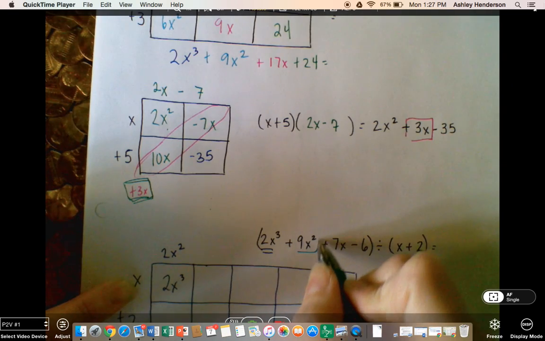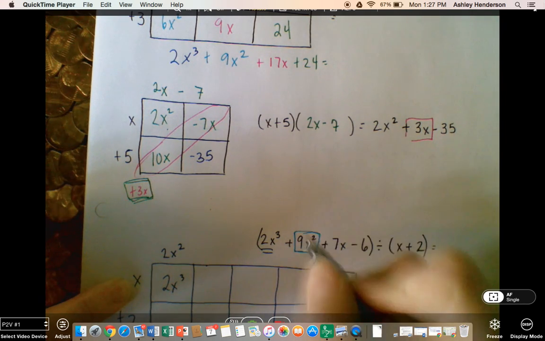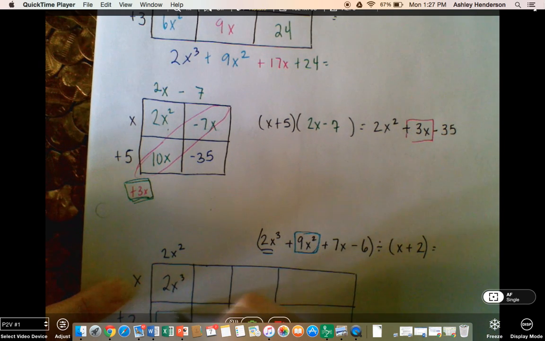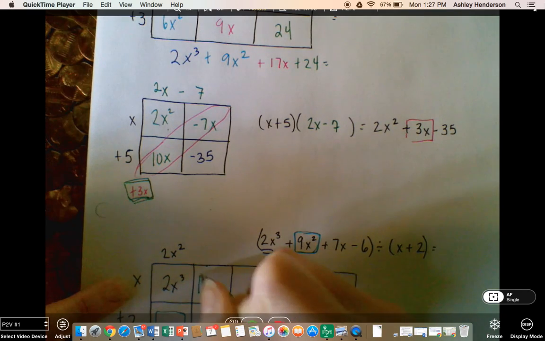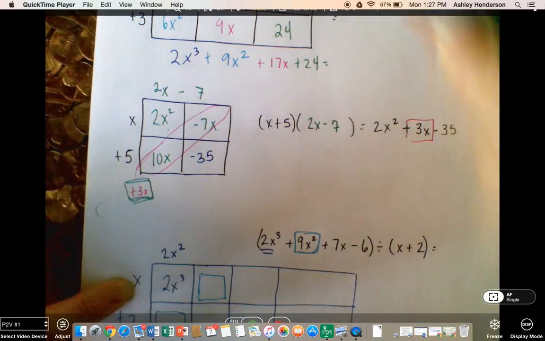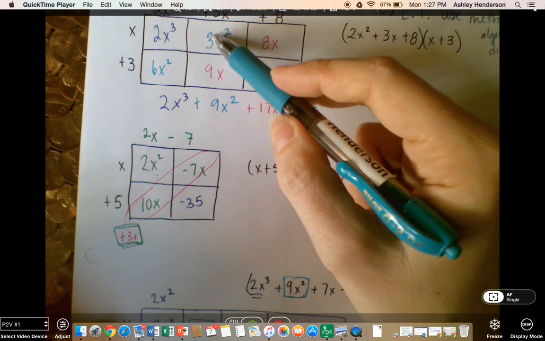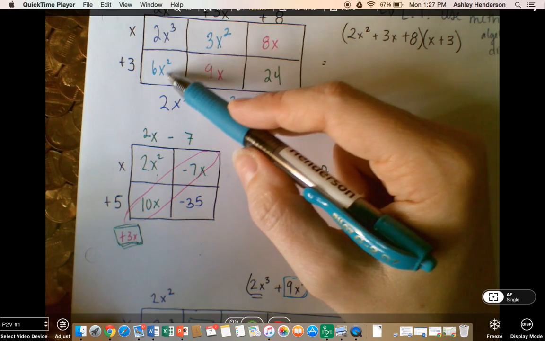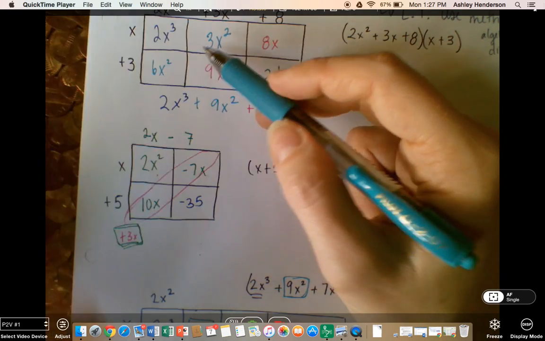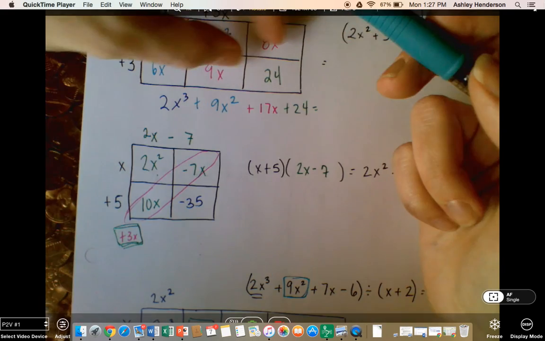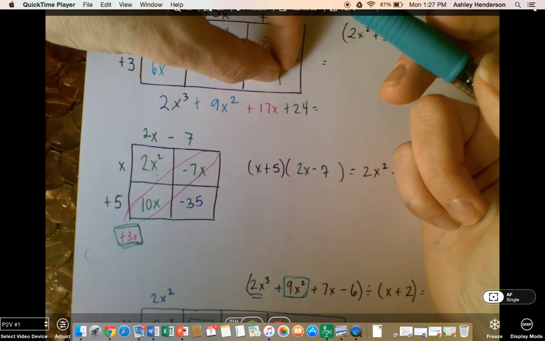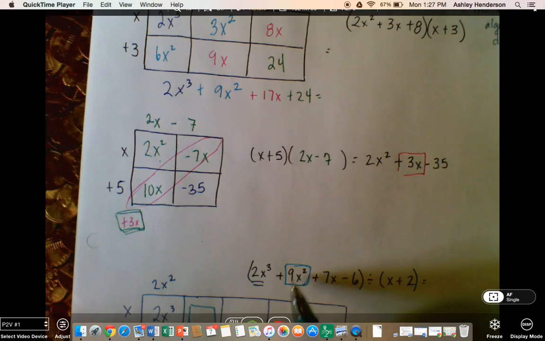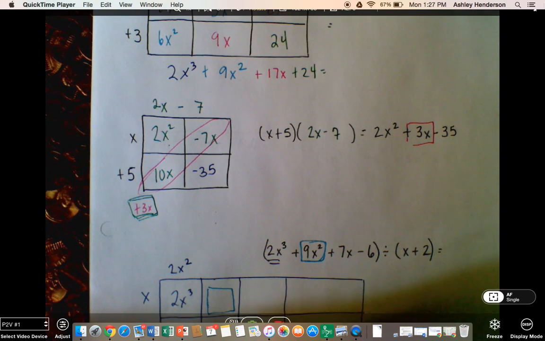Now 9x squared is going to come from the sum of these two boxes. Just like up here, those diagonals create our square terms, our linear terms, our constant terms. So 9x squared is those two added together.